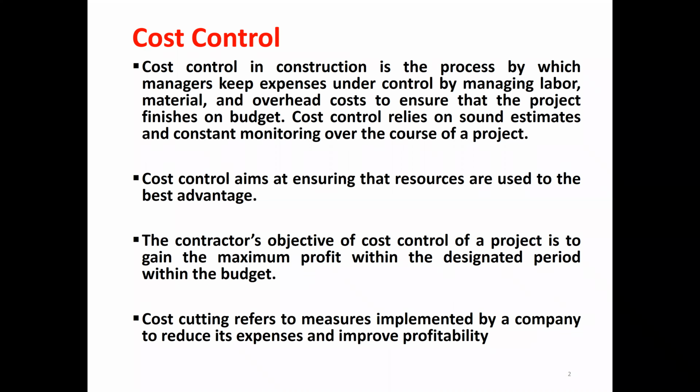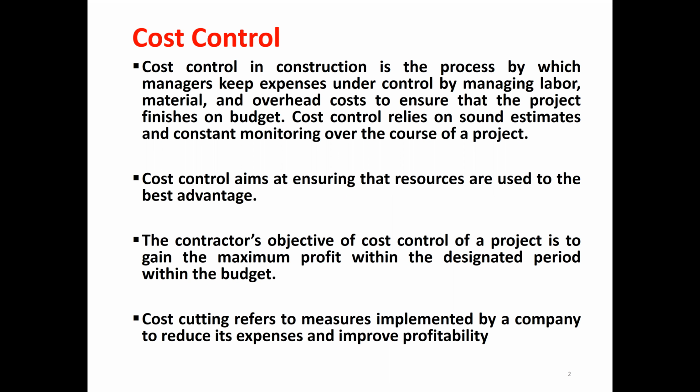Cost control aims at ensuring that resources are used to the best advantage. The contractor's objective of cost control of a project is to gain the maximum profit within the designated period and within the budget. So I see cost control has different purposes for different people. For the contractor, maybe they want to maximize their profit.